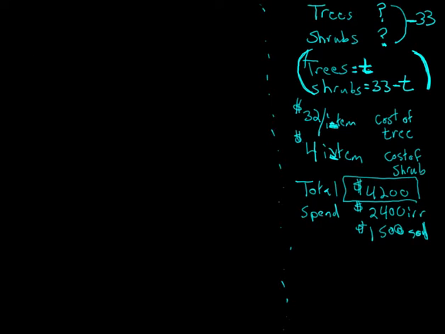So the cost of the trees is $32 per tree times the number of trees. They're also going to spend $4 per shrub times each shrub, plus 2,400, plus 1,500, equals 4,200.